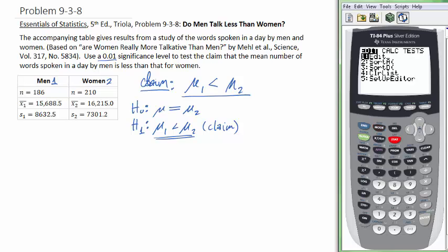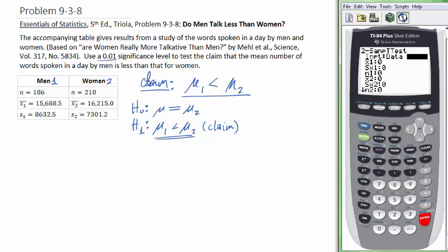So in our calculators, we go to STAT, TESTS, and because our population standard deviation is not given, we select the t-test. We are looking at the two-sample t-test, so let's select that.